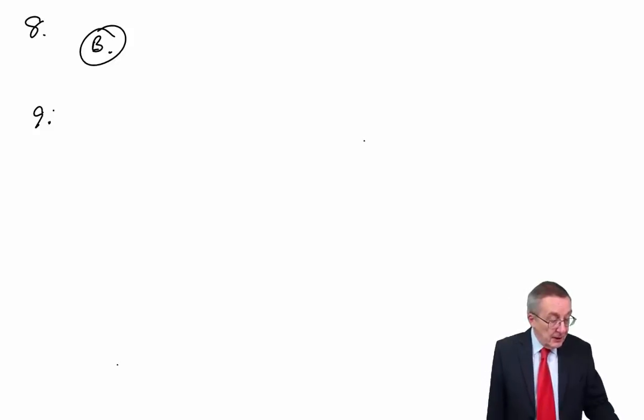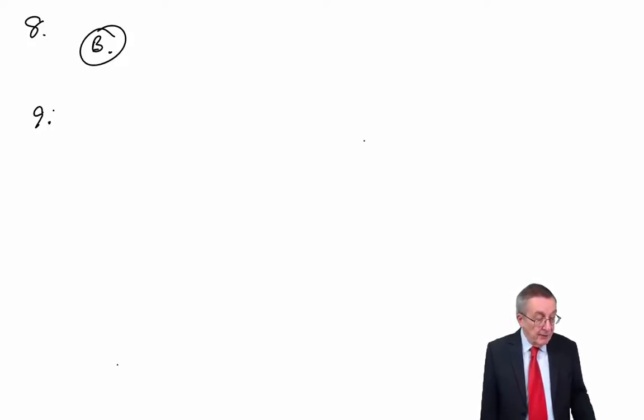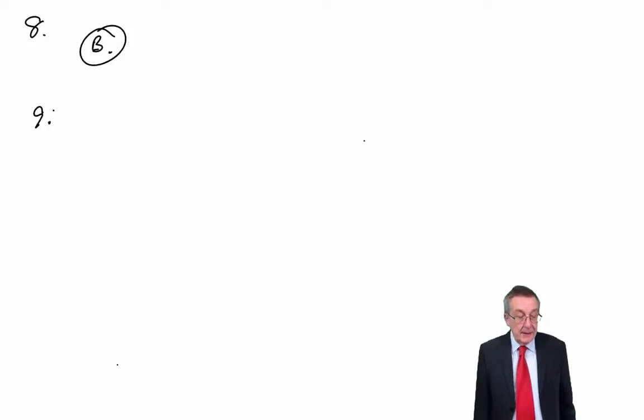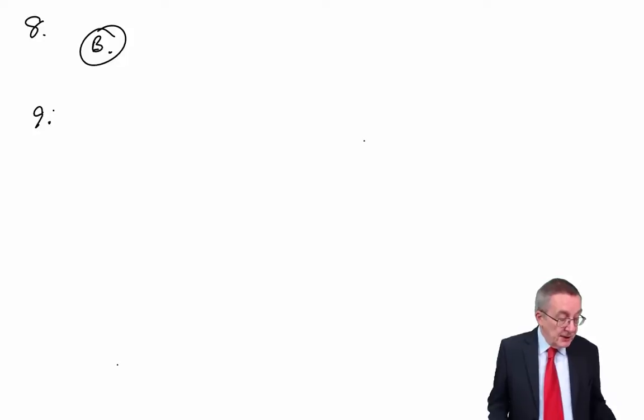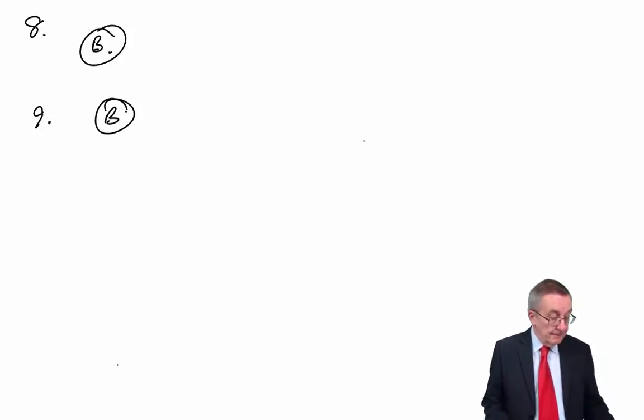Well, look at the original statement: value for money is an important objective. If they focus on meeting the objectives, then that should increase value for money. And so it's not going to be A, C or D. The least consistent is going to be B.